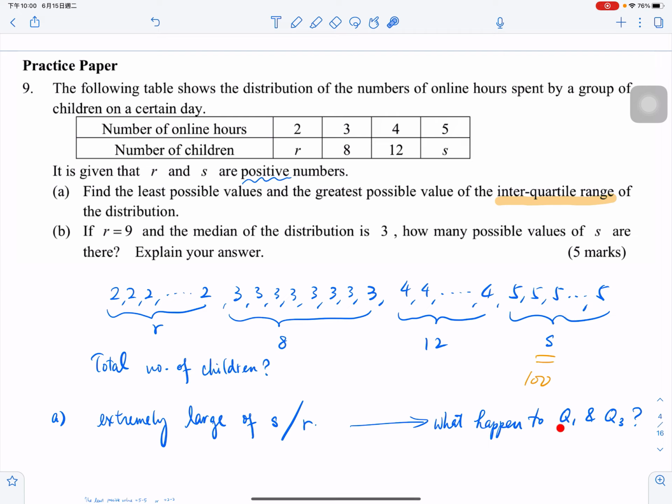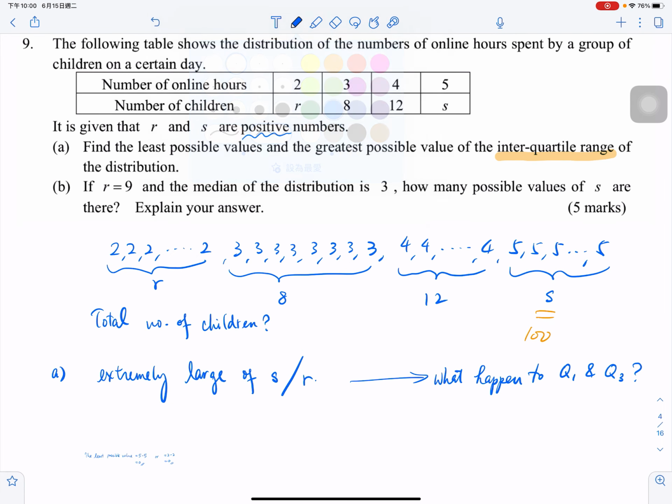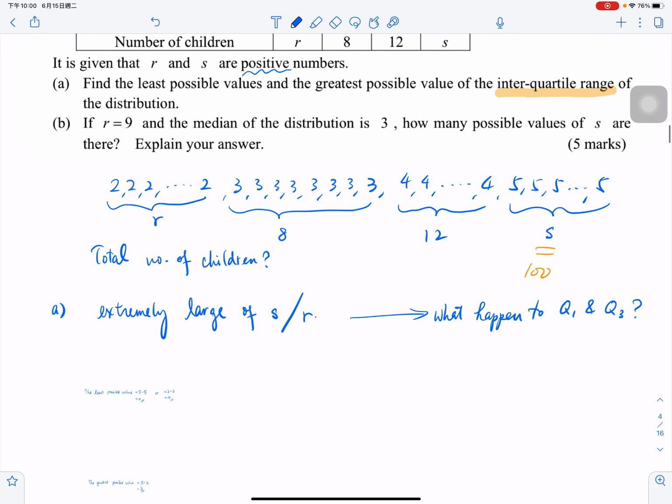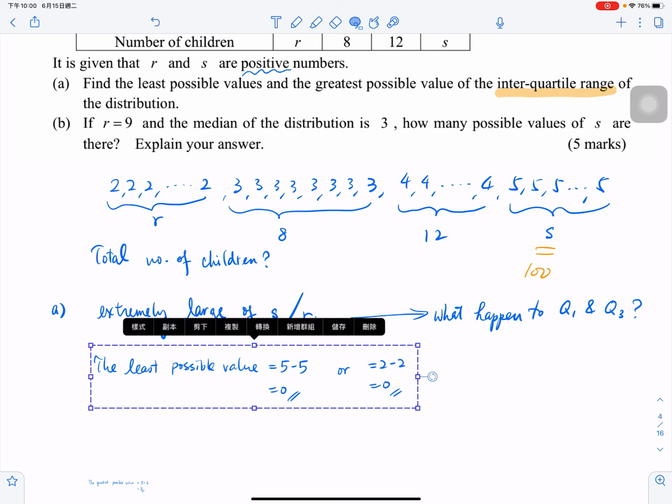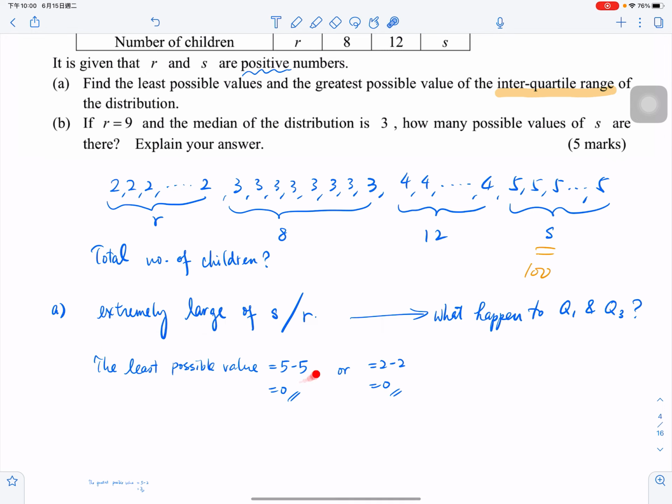So the least possible value may become this. You see that the least possible value may be 5 minus 5, so it's 0.